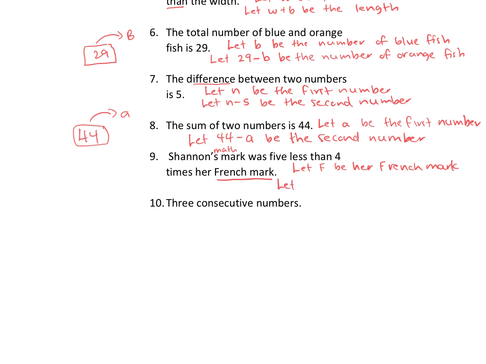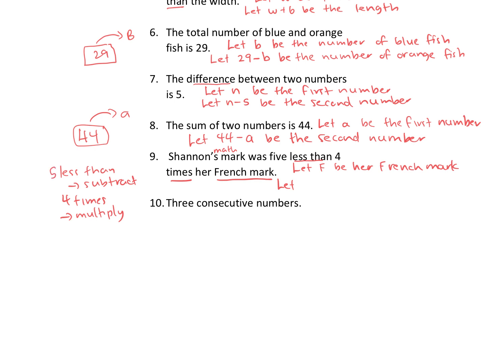So we have to think of order of operations. We have 5 less than. So less than means subtraction. And 4 times means multiplication. So we want to follow order of operations. We want to multiply before we subtract.